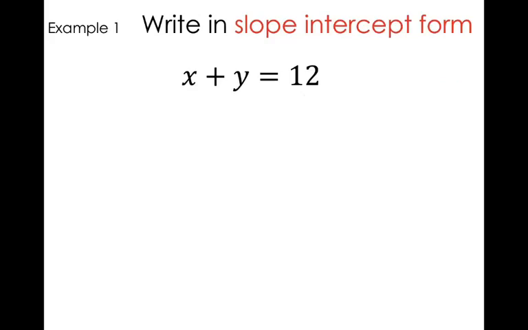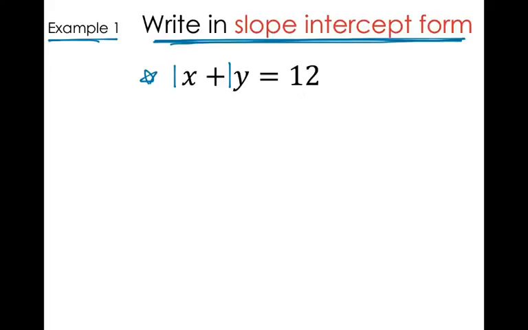Okay, example 1. Write in slope-intercept form. So write the word example 1. Write these directions. You'll only have to do these directions once because all your examples are writing in slope-intercept form. And then copy down this equation: x plus y equals 12. Just so you have a reference, the coefficient of the x and the y are each 1. If you don't see the coefficient there, it's always 1.